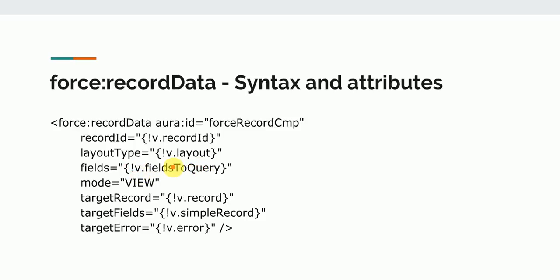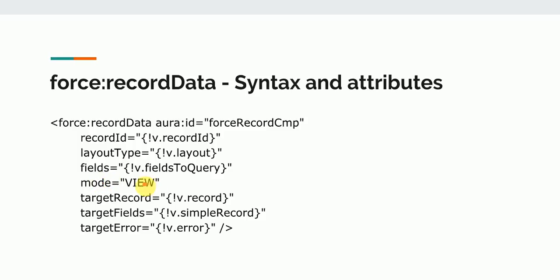Say, for example, we want to query only ID and name for a particular object. We can specify the fields here as comma-separated ID and name. So either we can provide layout type or we can provide fields. These two are optional, but one is required for fetching the fields.